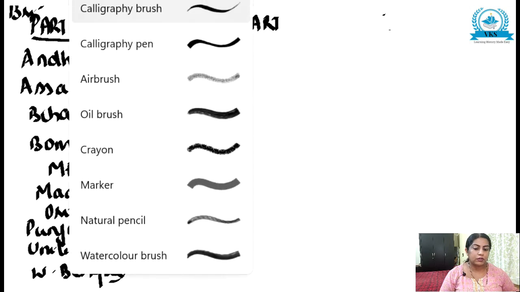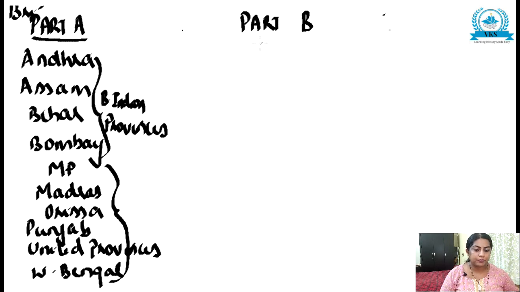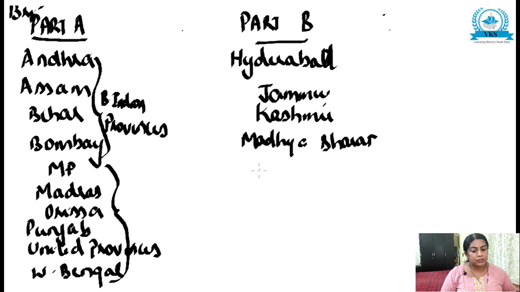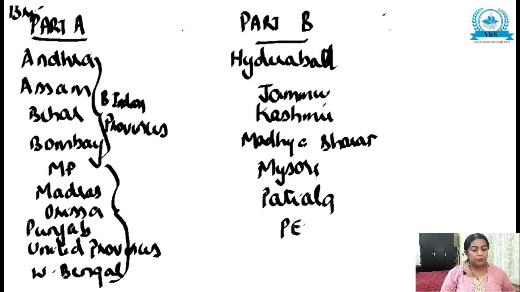The Part B states consisted of Hyderabad, Jammu, Kashmir, Madhya Bharat, Mysore, Patiala, then PEPSU.